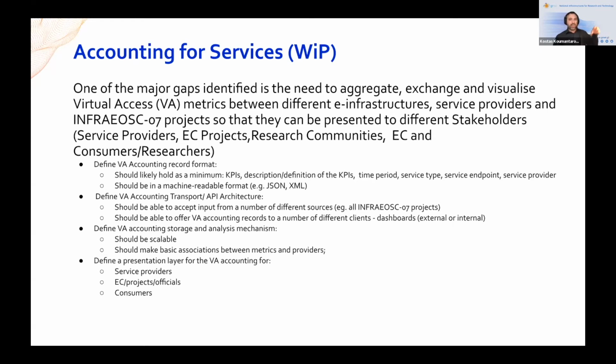We are planning to be in close collaboration with all of the INFRA-07 projects so that they can provide feedback. We have already done quite a few integration tests with OpenAIRE Nexus projects, and they are able to send all the VA metrics they collect to this aggregation point.